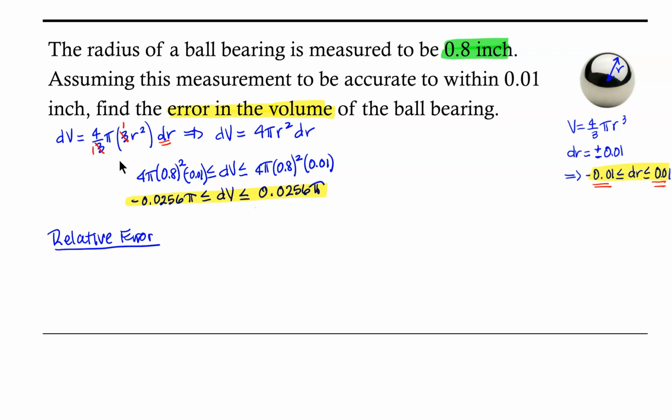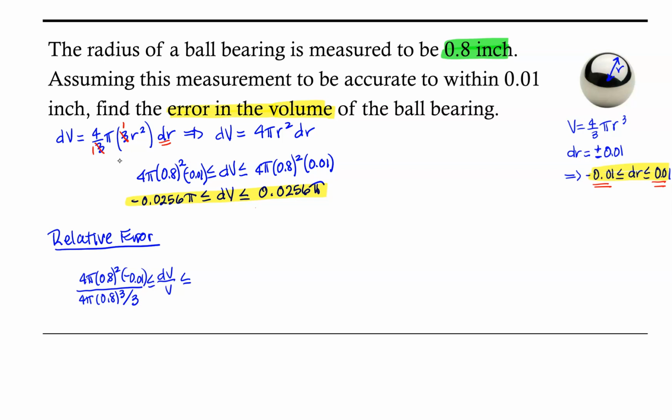So we need to look at this as dV over V is bounded below and is bounded above. dV is bounded below by 4 pi times 0.8 squared times negative 0.01 over the true volume of the bearing if 0.8 was an accurate measurement, which would be 4 pi times 0.8 cubed over 3.